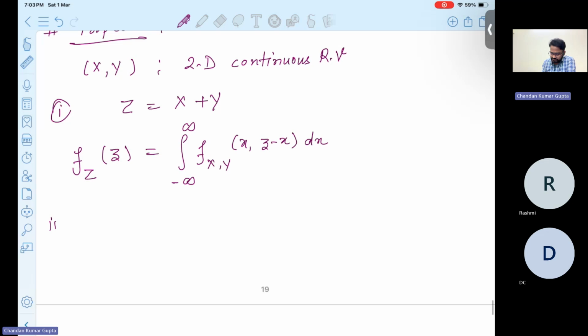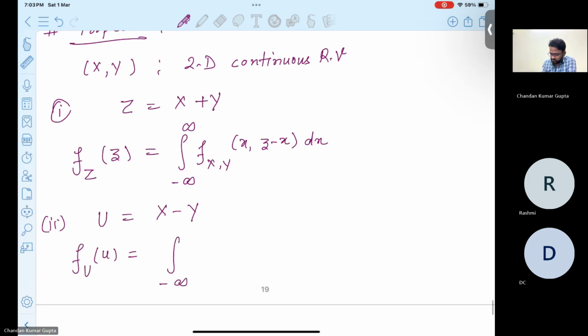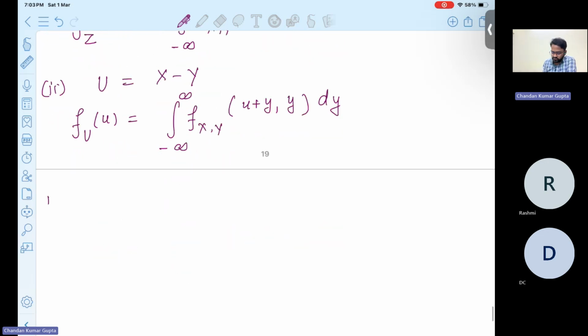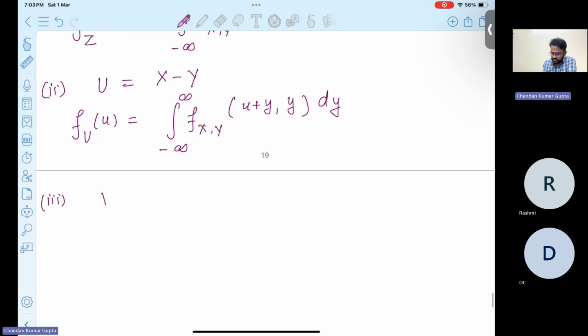Again, suppose we have a different transformed random variable, x minus y. Then in that case, this form is used to find the density of u, the transformed random variable x minus y. In a similar manner, suppose we have a product form like v, defined as x into y.